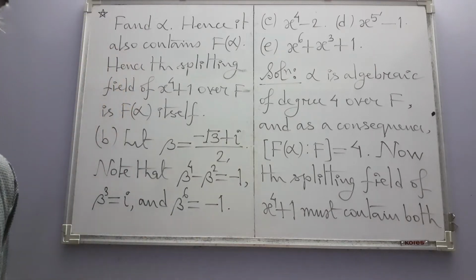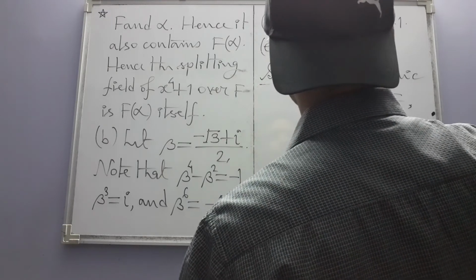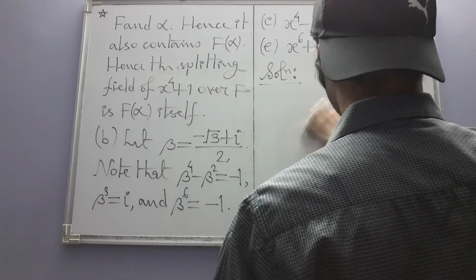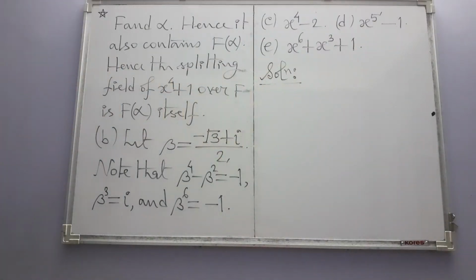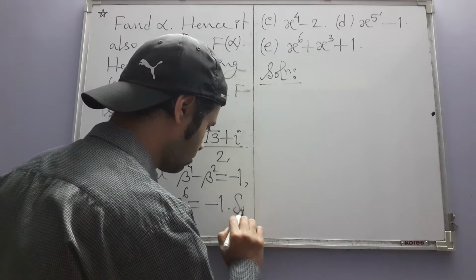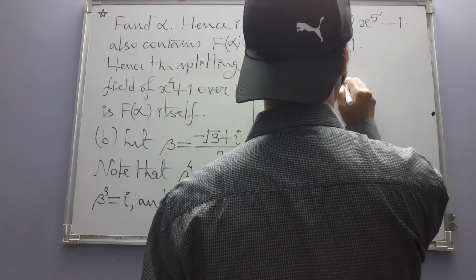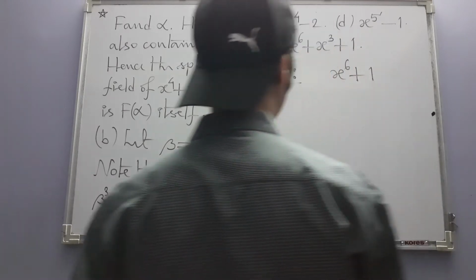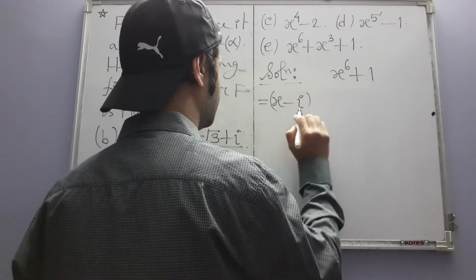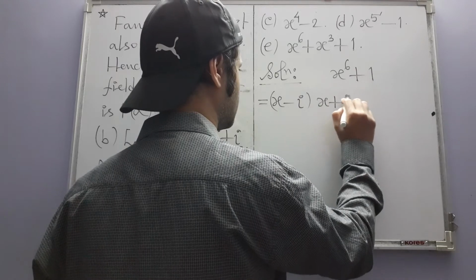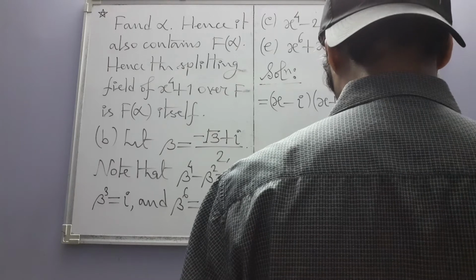From this we are going to get a factorization of x to the power 6 plus 1, similar to the one for x to the power 4 plus 1. So x to the power 6 plus 1 is equal to x minus, I can't possibly write it in one line, x plus I, because I need to write 6 factors.